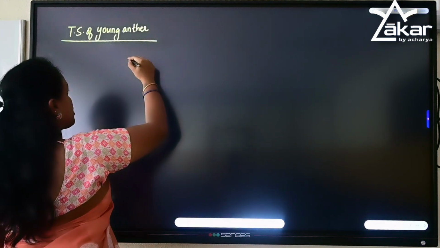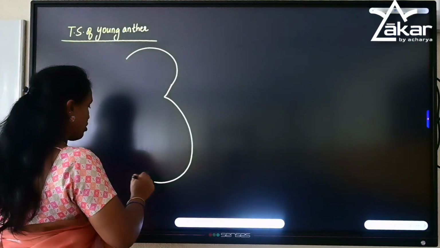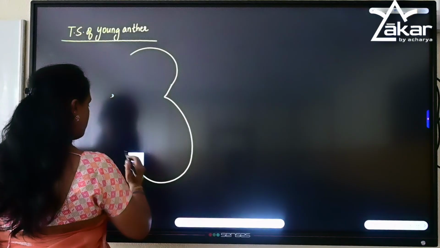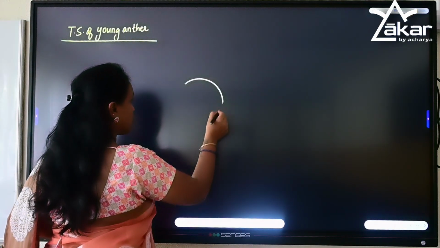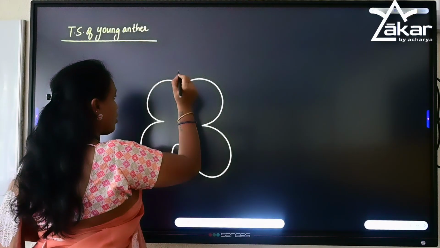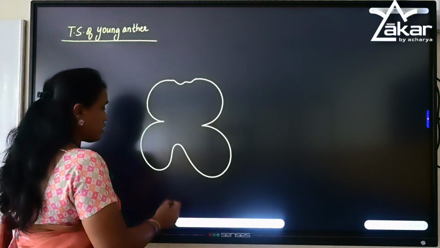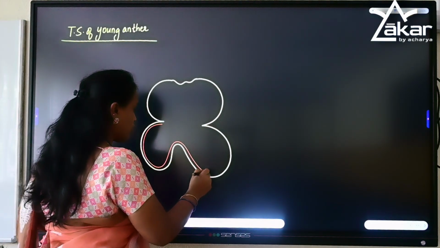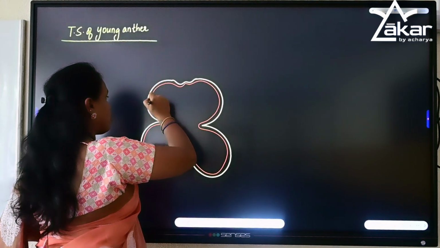So firstly we can draw a structure similar to a butterfly. Fine. Next, which is the next layer? Next layer is endothecium. So in anther there are 4 walls.